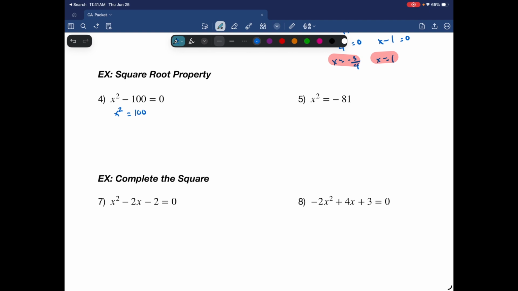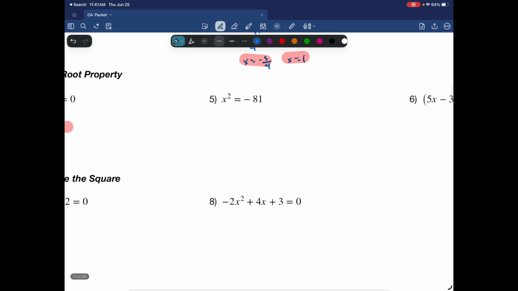Then I can take the square root of both sides, and you get x equals plus or minus 10. We do plus or minus because positive 10 squared is 100 and negative 10 squared is 100, so you have to consider both solutions. We knew what our answer was going to be from the jump, but it's a different way of working it.